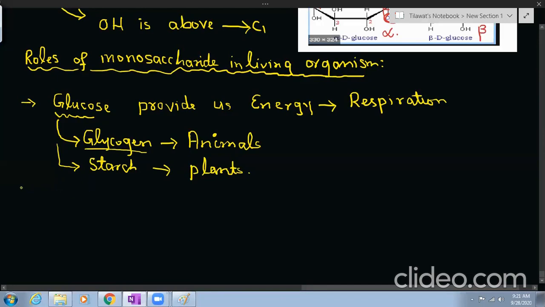Now, another monosaccharide we have is ribose. Ribose is present in our RNA, ribonucleic acid. RNA consists of a basic unit called what?